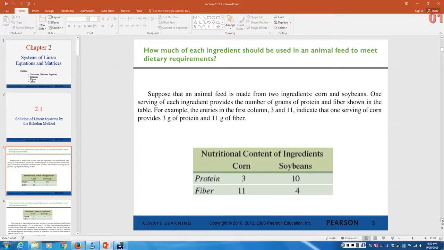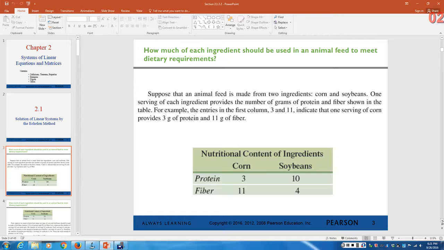This is an application of where this would be useful. Farmer's got animals that he needs to feed, and it has to be made from 2 different ingredients, corn and soybeans. And it has to have a certain amount of protein and a certain amount of fiber to feed his animals. So what the problem is telling us, and they've summarized in the table, is that 1 serving of each ingredient provides the number of grams of protein and fiber shown in the table.